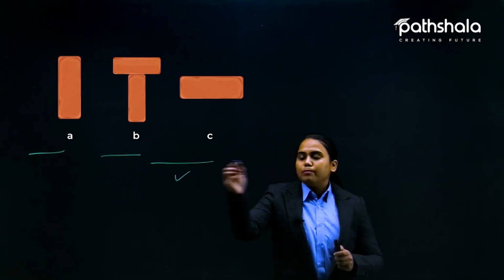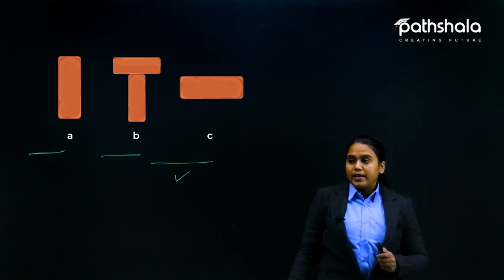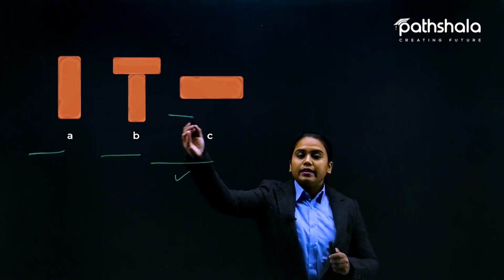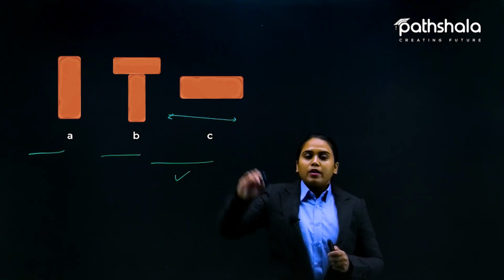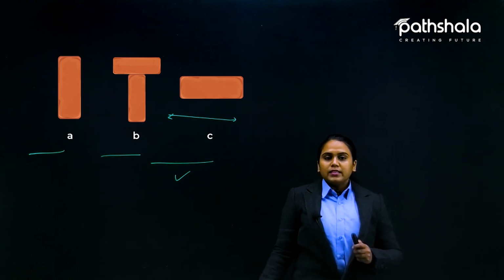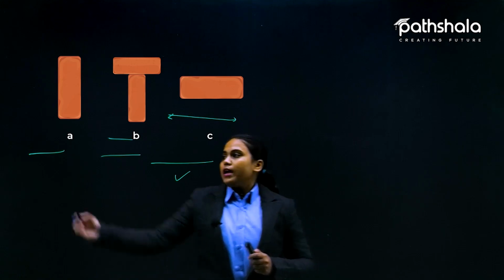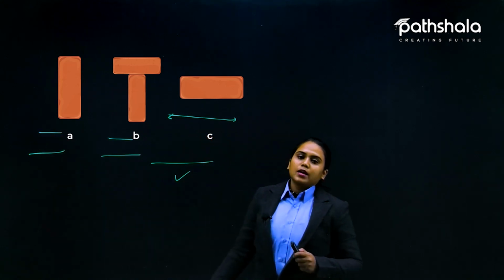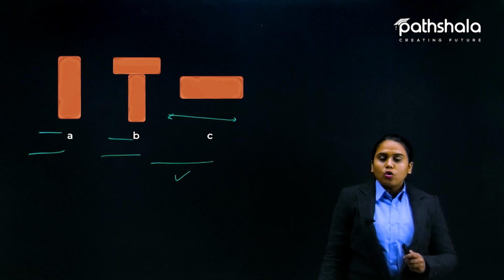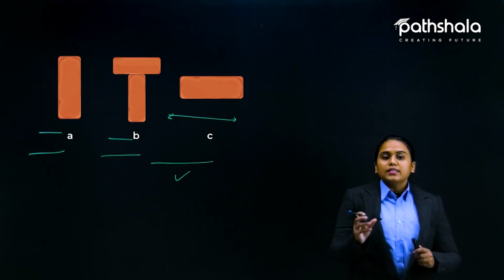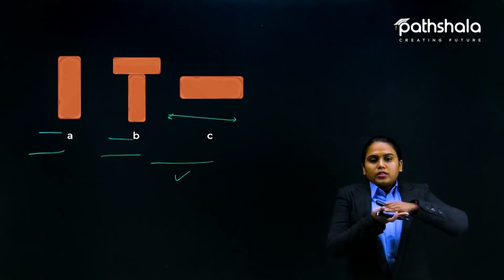Yes, of course, more area is covered by this one. This much area is covered with this brick, but in the other two cases, only this much part and only this much part. So this is the area on the surface.